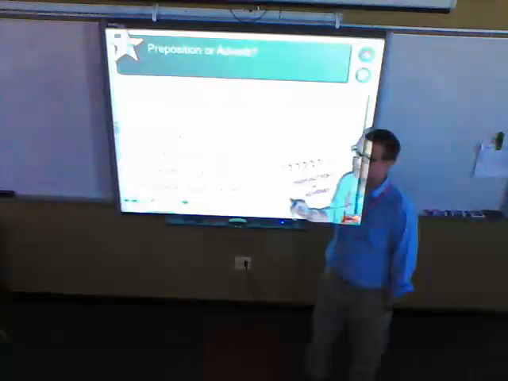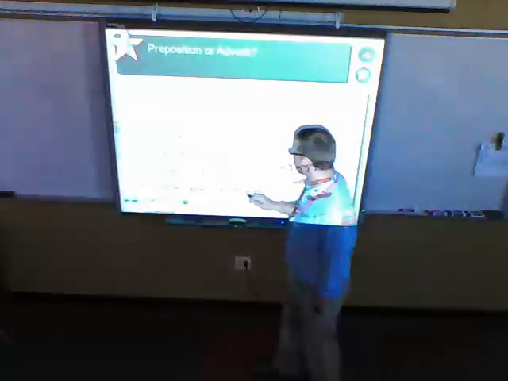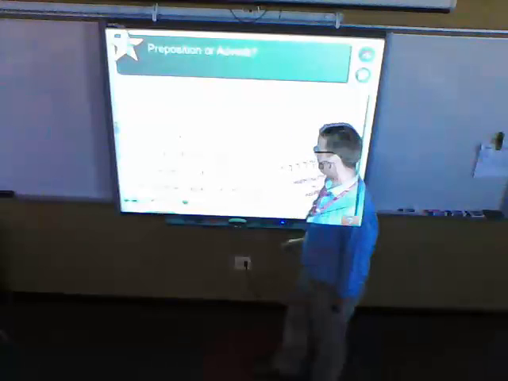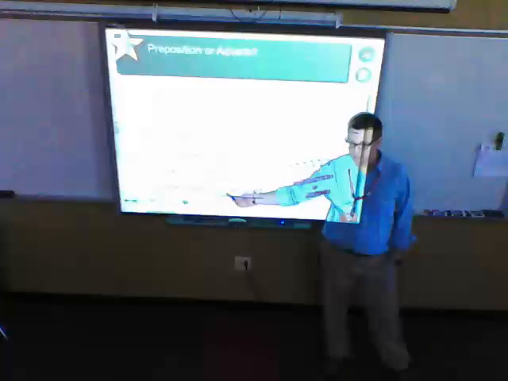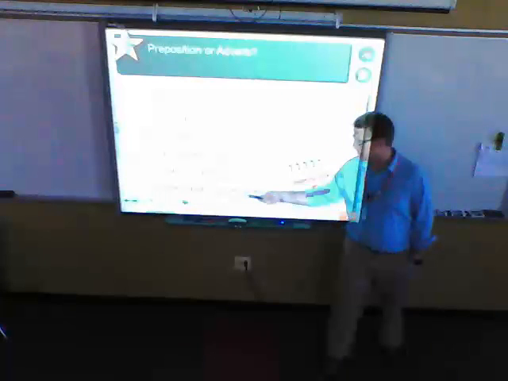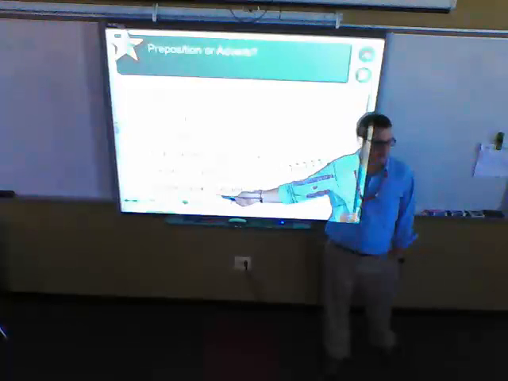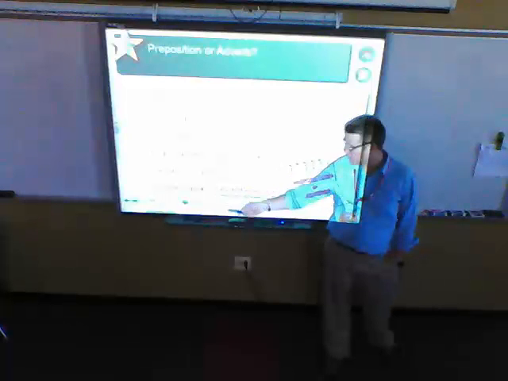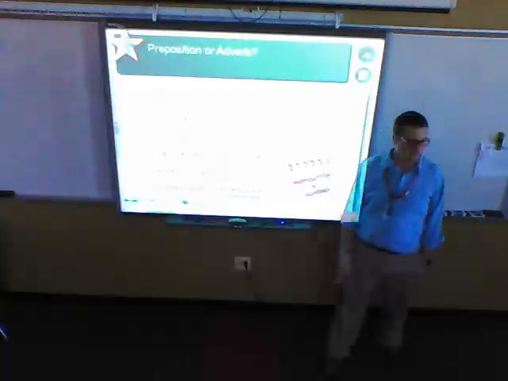Here's my question. Alright, I'm going to underline this for a minute, and then we're going to examine it. What do we have at the beginning of this phrase? Jalen? Preposition. Okay, we have a word that could be a preposition or it could be an adverb. What do we have at the end of this phrase? A verb, right? Cried is a verb.